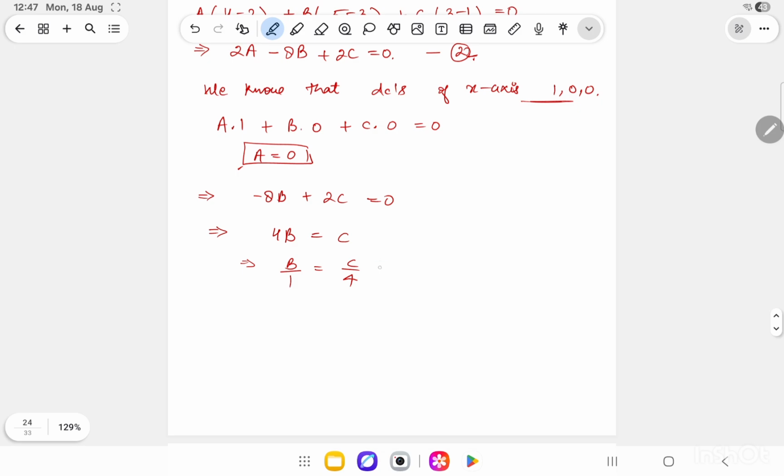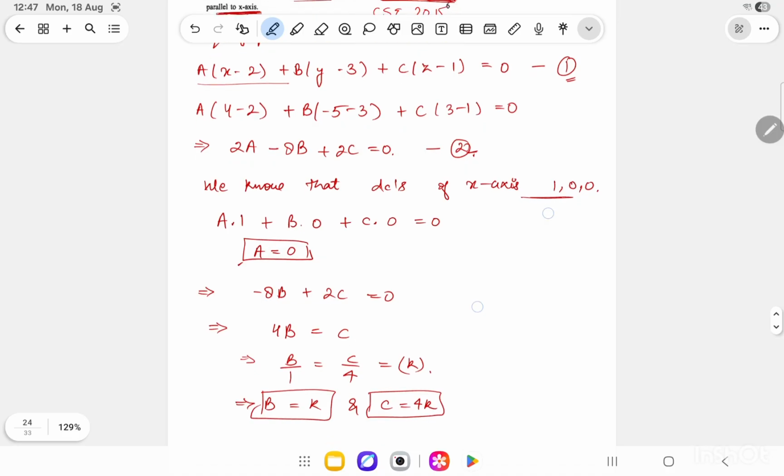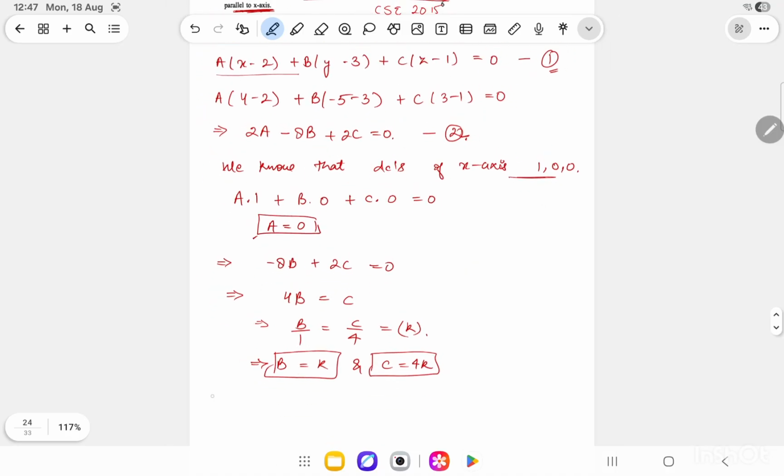Let us equate with k. So I got b equals k and c equals 4k. We can substitute these values of a, b, c in equation number 1. So a is 0, so 0 into x minus 2 plus k into y minus 3 plus 4k into z minus 1 equals 0.